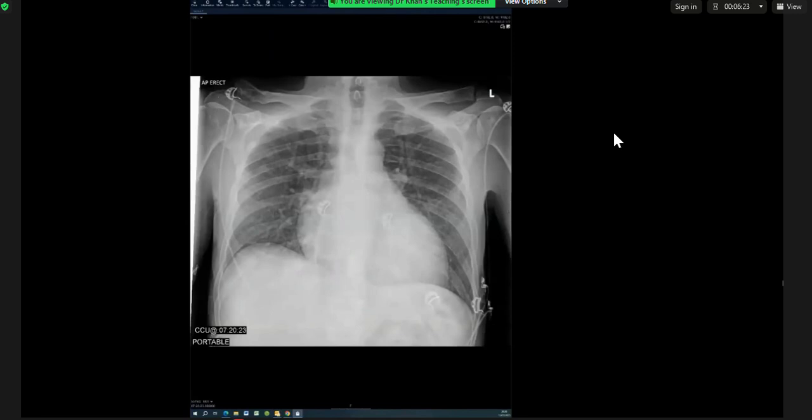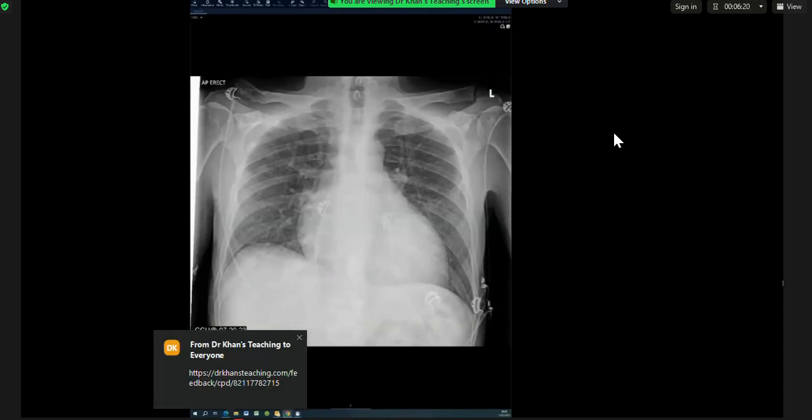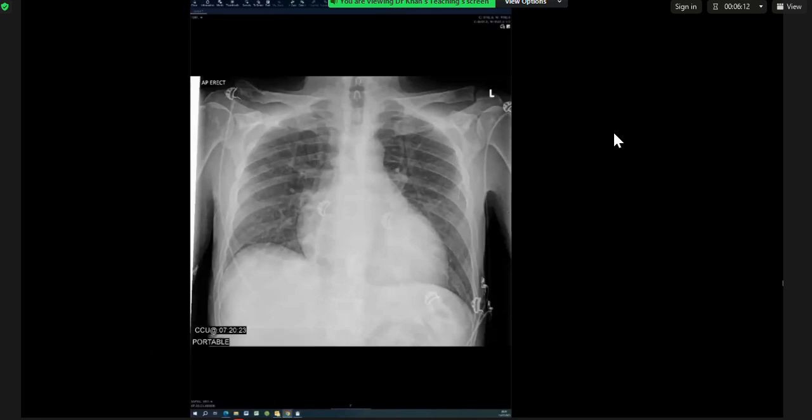Shortness of breath. I am presented with a frontal radiograph of the chest. Although this is an AP erect film, I think the patient does have a degree of cardiomegaly.